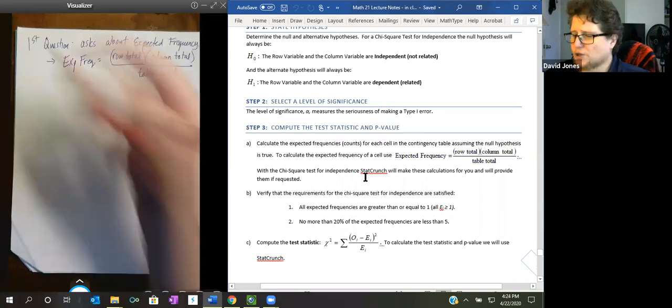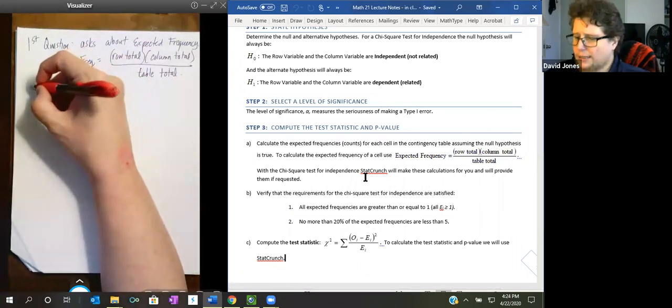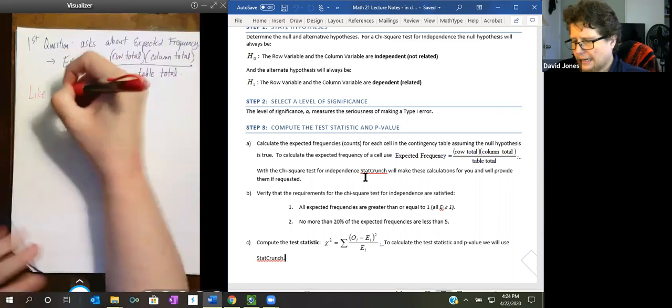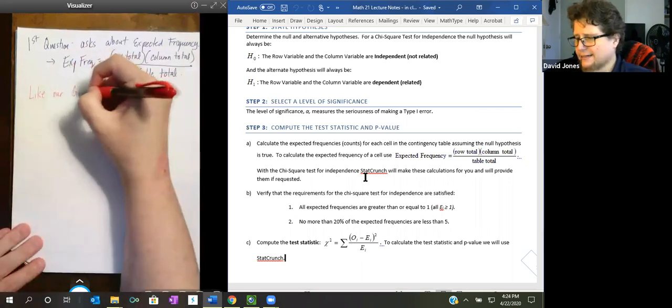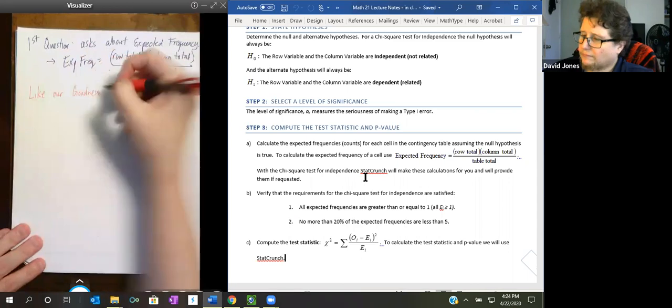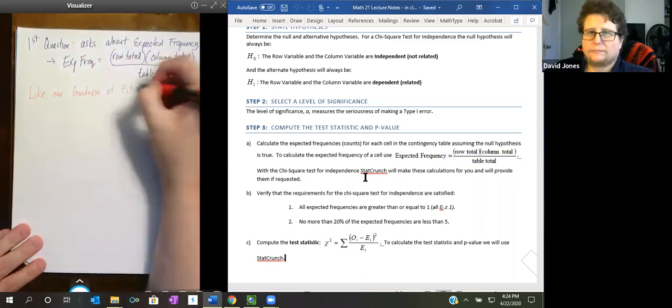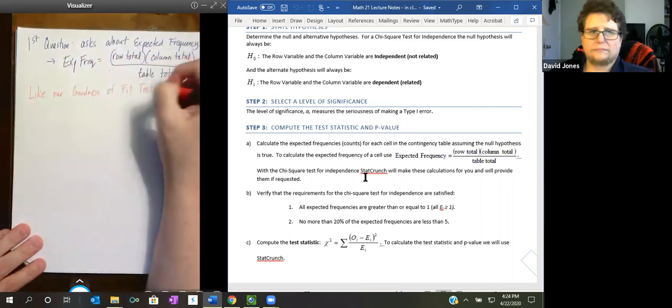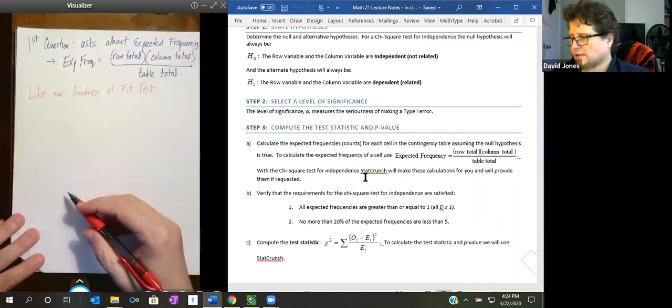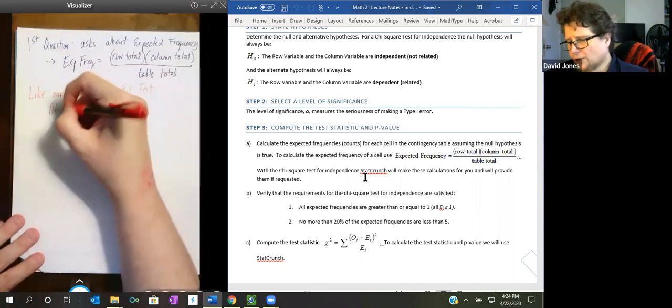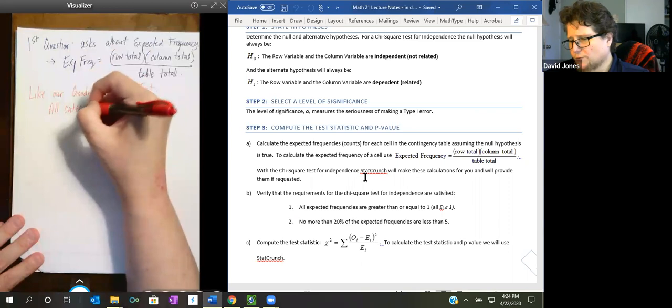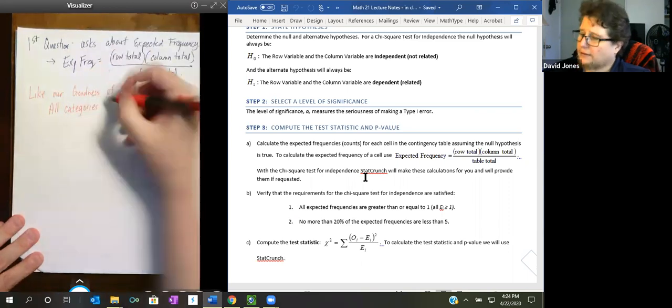Like our chi-square test in 12.1, like our goodness of fit test, all categories should have frequencies greater than or equal to 1.